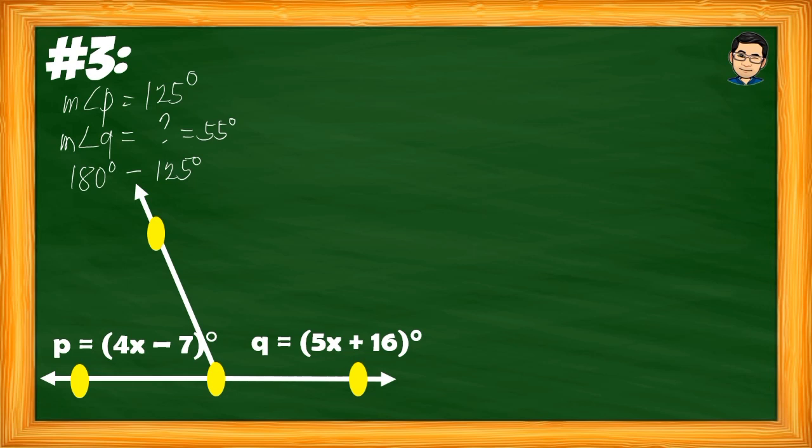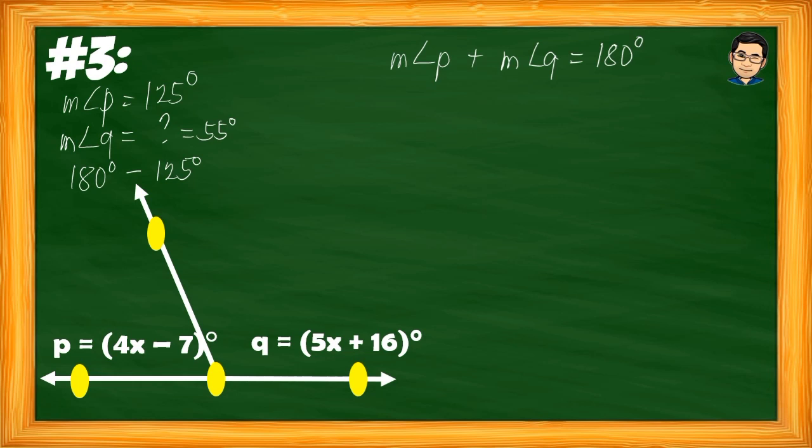So, now, going back, dito tayo sa given natin, P is equal to the quantity of 4x minus 7 degrees. And then, for Q, the quantity of 5x plus 16 degrees. So, sulat natin as the measure of angle P plus the measure of angle Q is equal to 180 degrees.